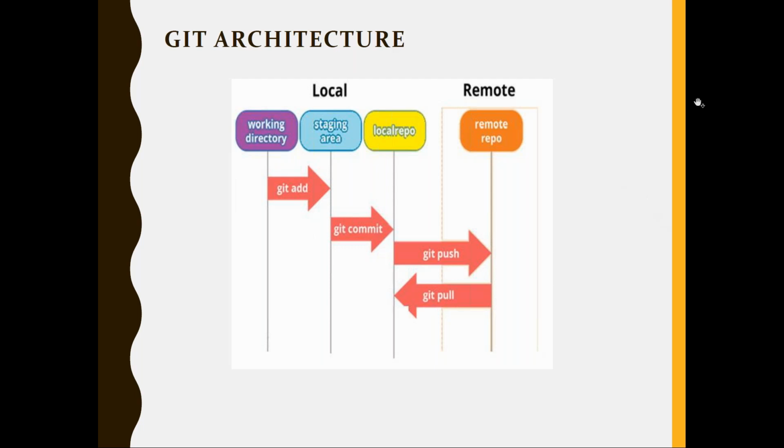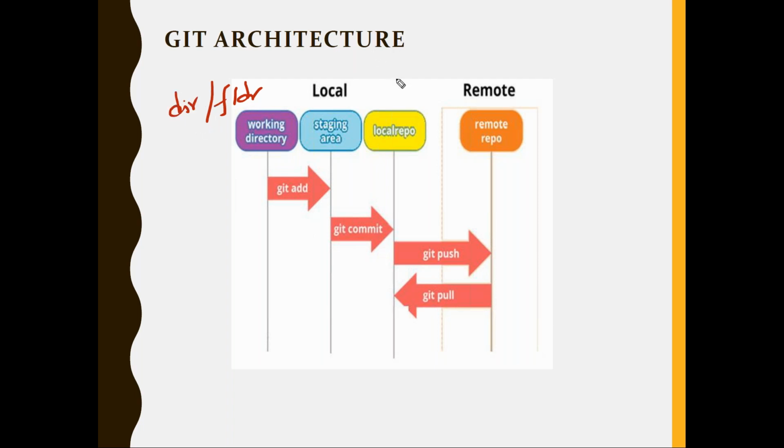So that's about the architecture, but how do you push that? What is local? What is staging? How do you create them? All of them we shall do in the demonstration. Let me tell you another interesting thing here. Till now I've been talking about the working directory as a separate folder, or if you are a Linux person, a separate directory.